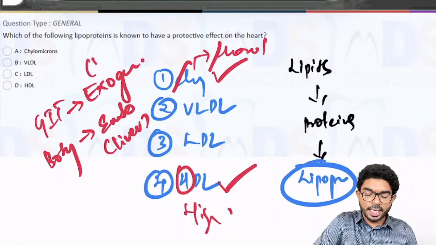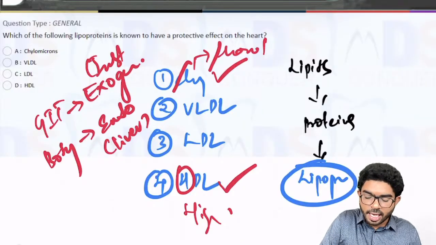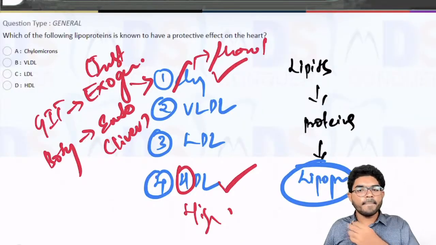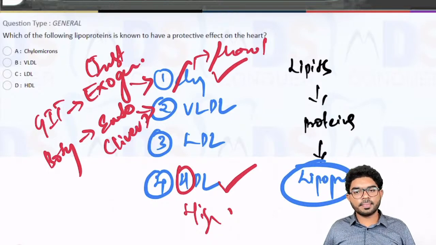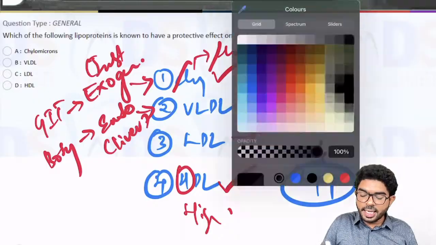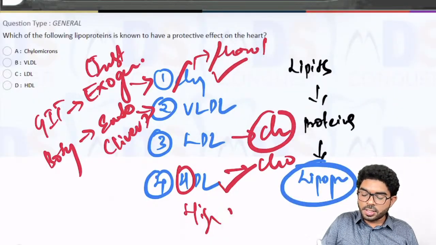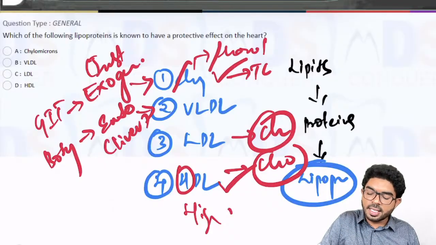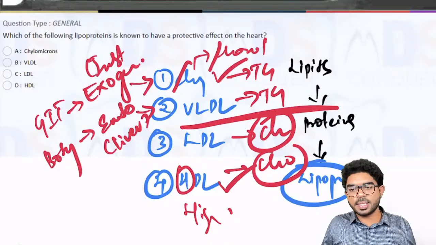Exogenous is absorbed in the intestine. So exogenous is associated with chylomicrons. Endogenous is associated with VLDL. These first two are associated with triglycerides, and LDL and HDL are associated with cholesterols.